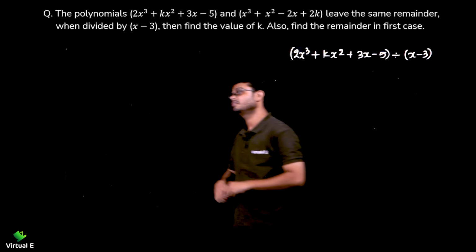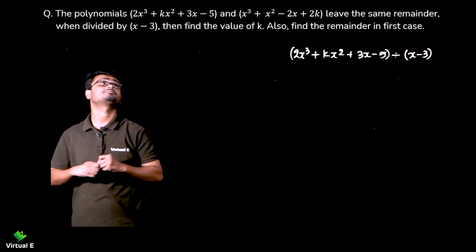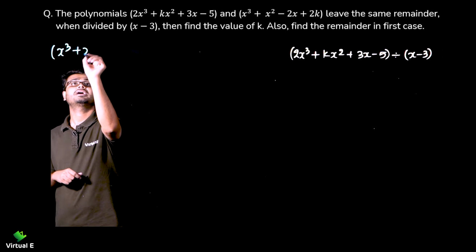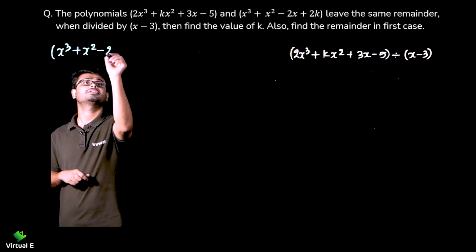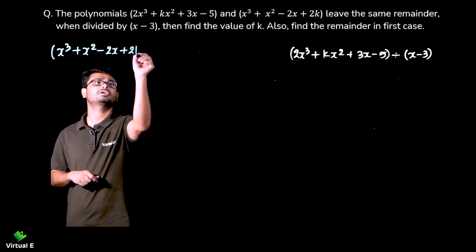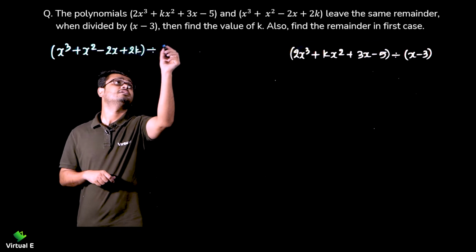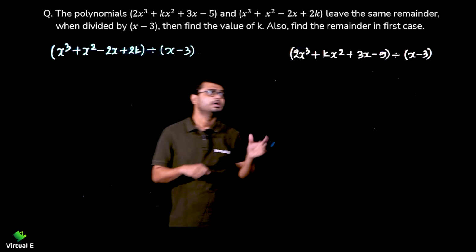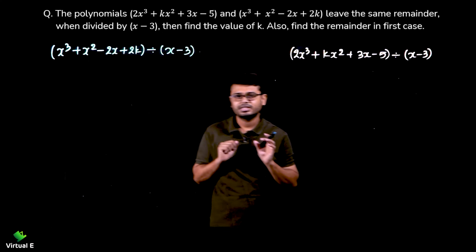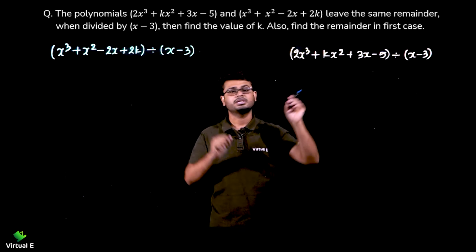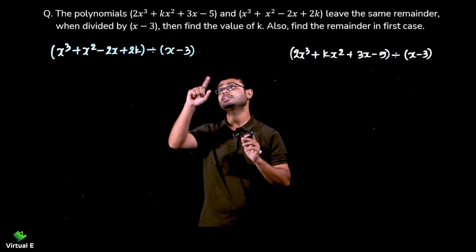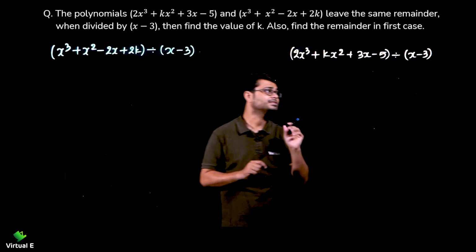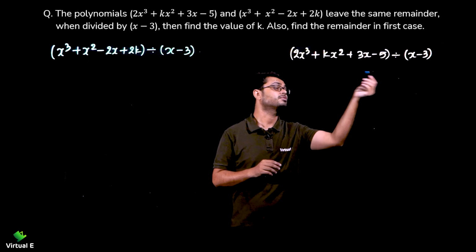Let's write the second one over here, which is x cubed plus x squared minus 2x plus 2k divided by x minus 3. So in both of the cases, whatever value we are going to substitute is going to remain the same. Why? Because see, the divisor is the same. So we are not supposed to calculate two times. You calculate only one time, that is sufficient. So let's do calculation over here.